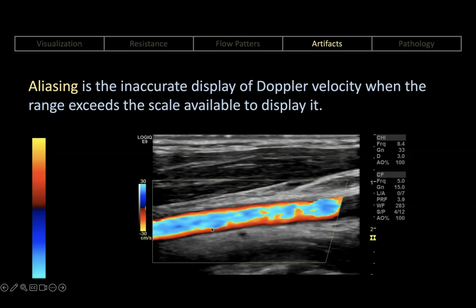But because at the edge of the vessels things are traveling slower than in the center, if the scale here is not set appropriately and the flow goes beyond negative 30 centimeters per second, then the only way it gets depicted is by becoming blue. In this case, because the scale is incorrect, the center of the vessel is traveling more than negative 30 centimeters per second, and it has to be depicted as blue. So it's not scaled correctly.